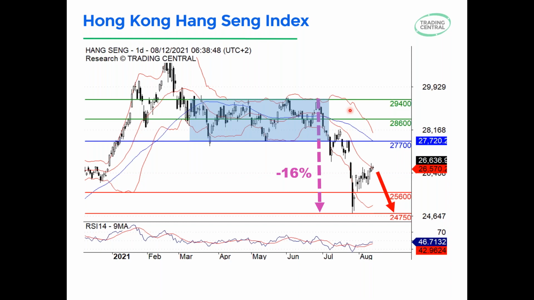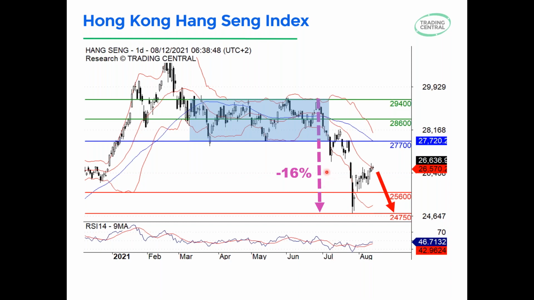There is something wrong. If we break out on the upside, it will be a very strong rebound. But in this case, unfortunately, we are breaking to the downside, and you see what happened from the recent high to the low at the end of July.